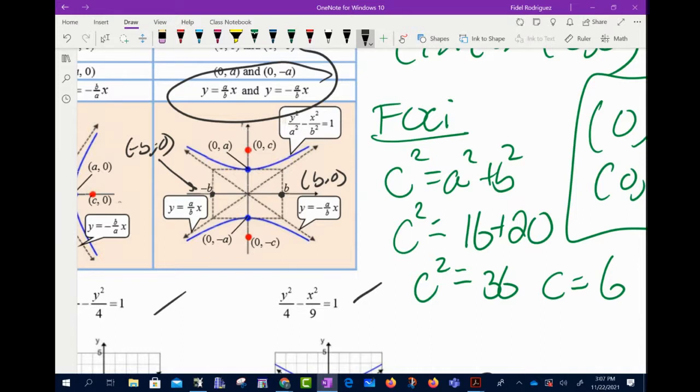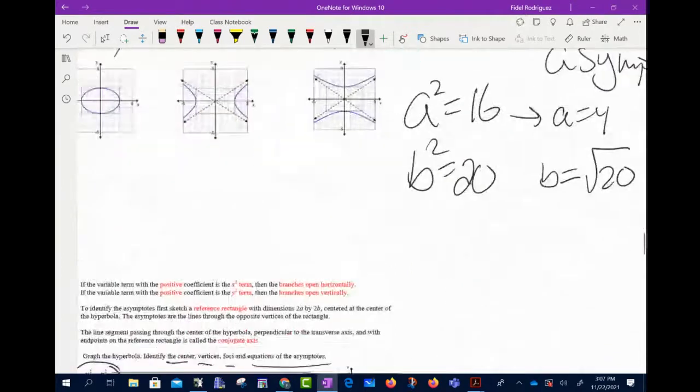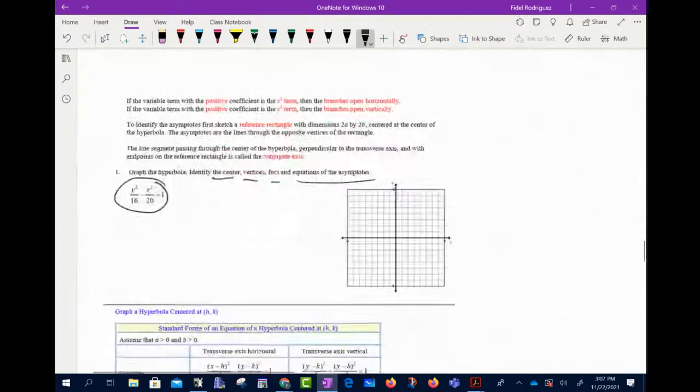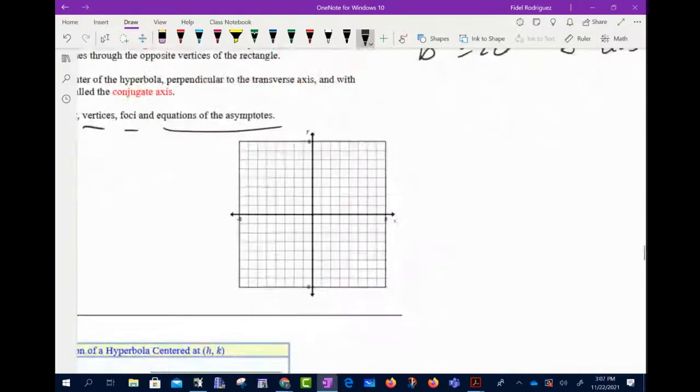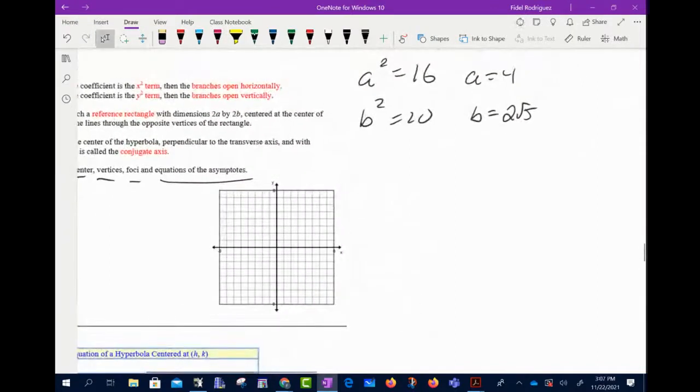Okay, so look, this is what we're going to do. We're going to come back to our particular problem, right? And didn't we say that since a squared was 16 and b squared was 20, a happened to be 4 and b happened to be 2 square root of 5? Okay. So, John, would you do me a favor? What is 2 square root of 5 as a decimal?